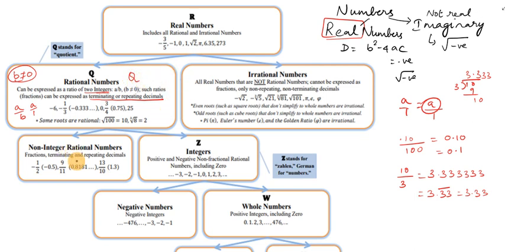Next we are getting into the classification of rational numbers. There you are going to learn about integers and non-integers. So what is an integer? An integer is going to be non-fractional.